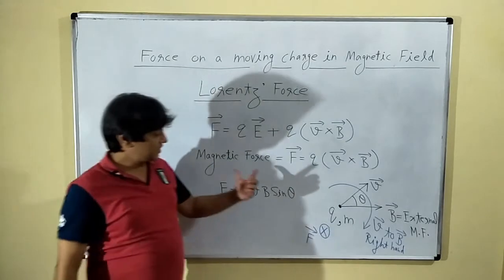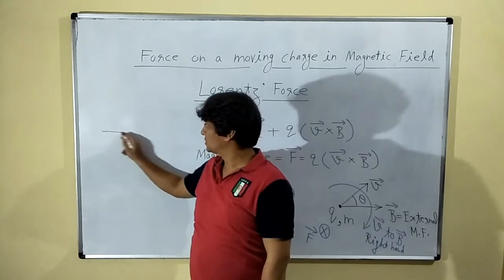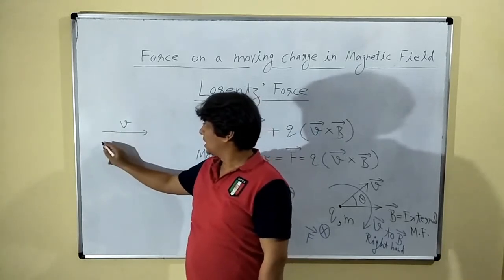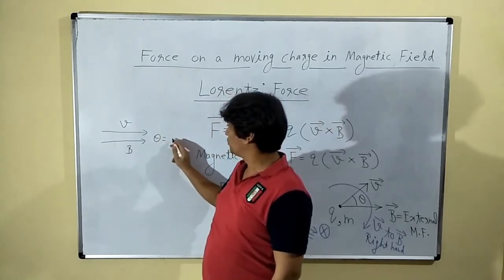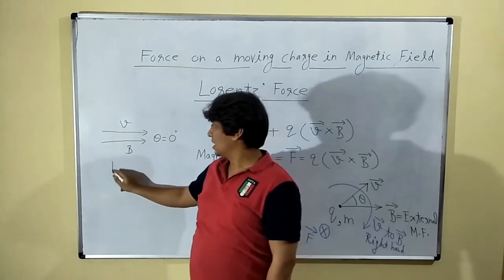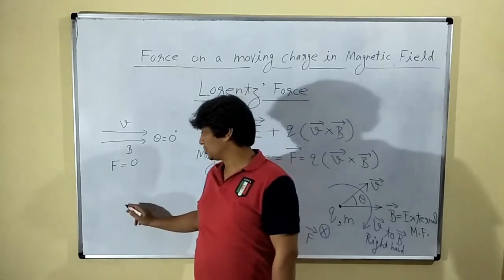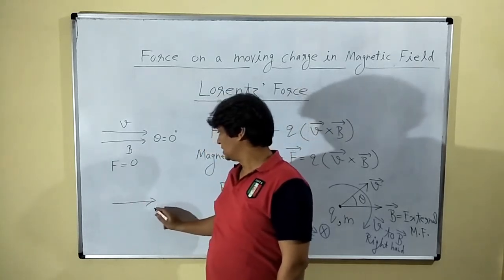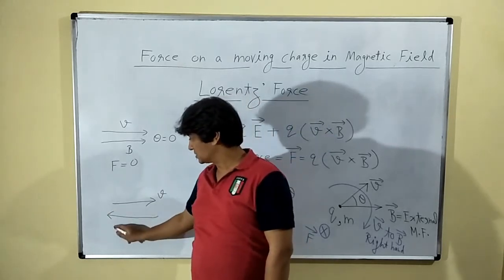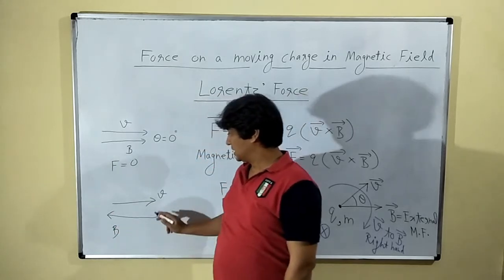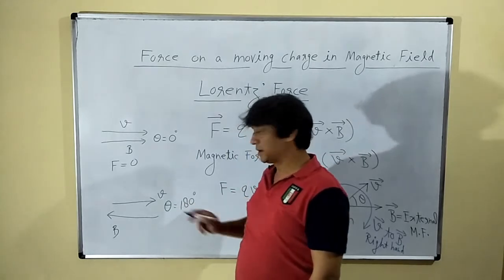Format says what? If theta is 0, you can note down like this. If situation is this, charge is moving and magnetic field is present in this direction. This is the situation where theta is 0. And force therefore becomes 0. Or situation is like this, charge is moving in this direction but magnetic field is pointing opposite like this, B. This is a situation where theta is 180 degrees.